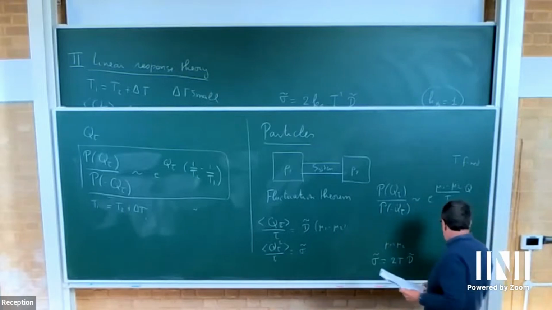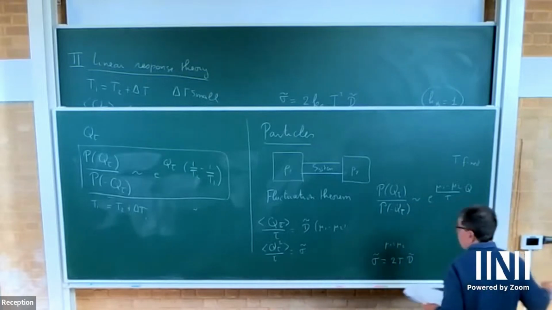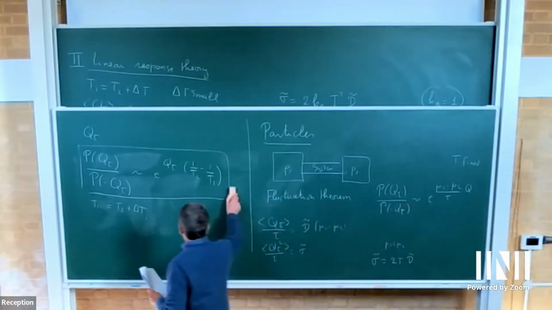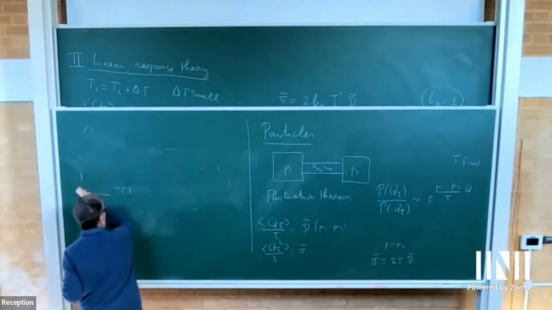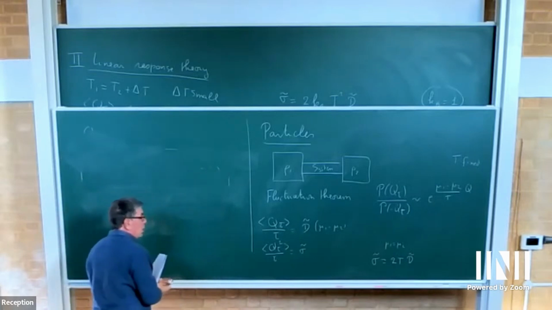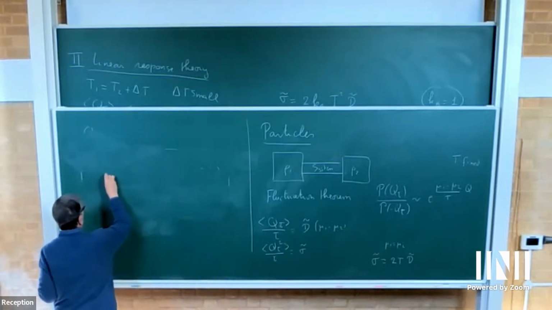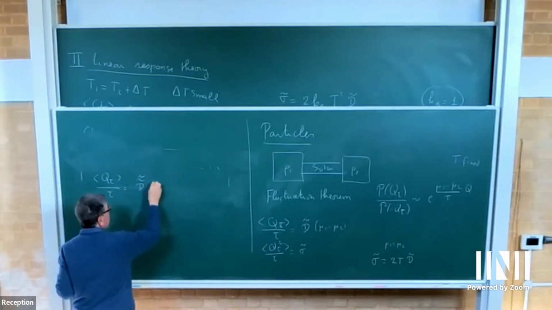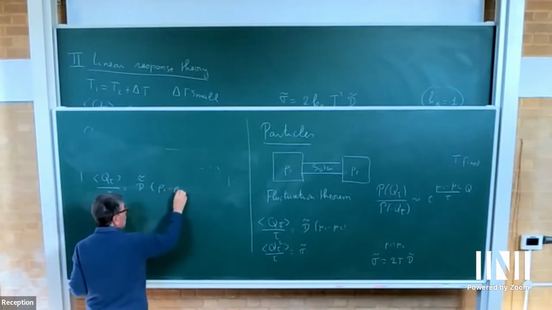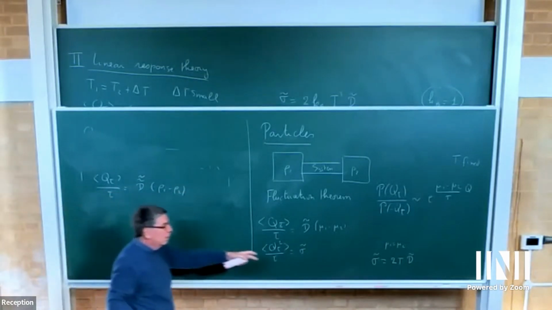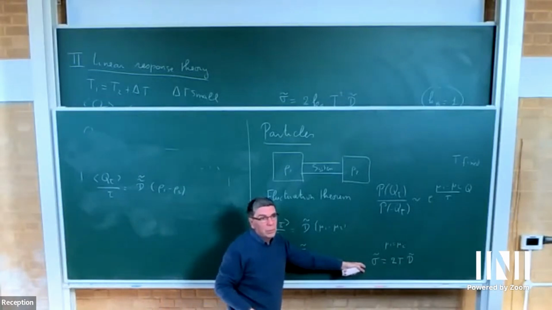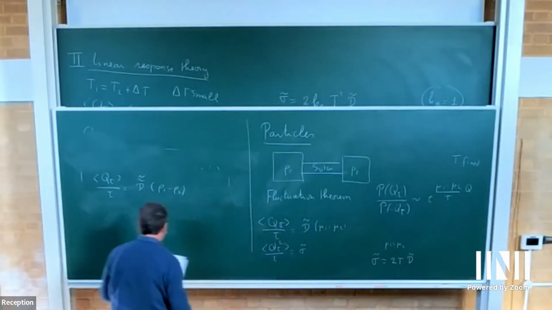Now, often when you talk about particle systems, people prefer to talk about flow. Flow is this tilde of rho1 minus rho. So then there is a slightly different formula here, which I write.